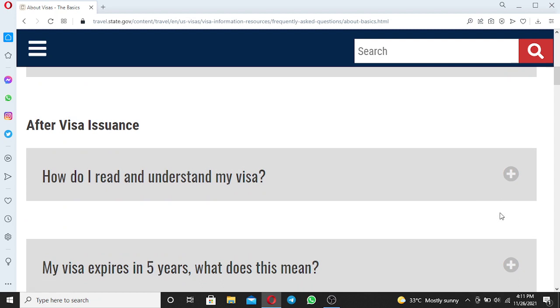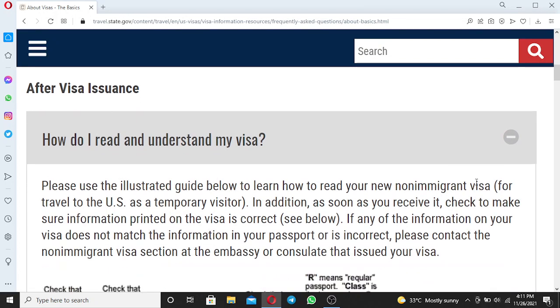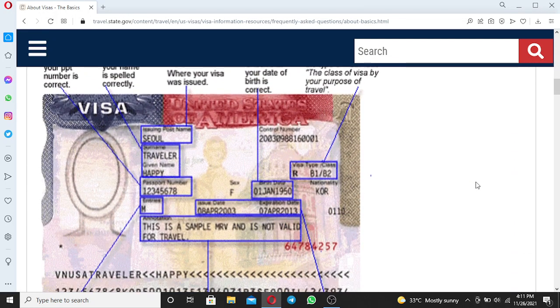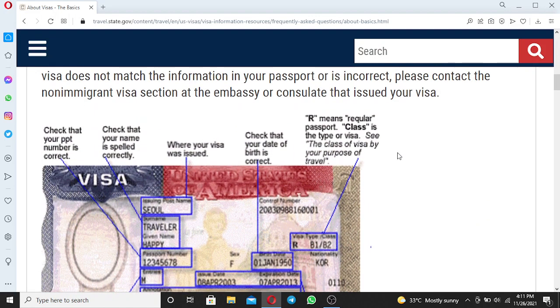After issuance of the visa, how do I read and understand my visa? As you can see on this page here, there is an illustration of the US visa. I am going to make a separate video and explain all the details concerning visas.